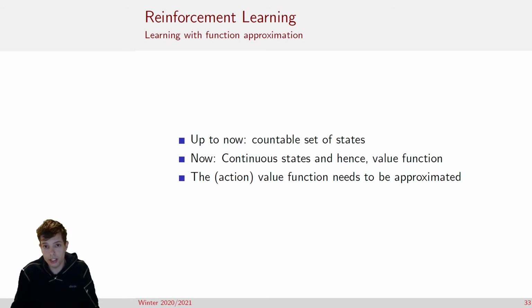We couldn't do that anymore with a discrete state set, and we won't store this in a very large array, but instead we go to continuous methods and we approximate the value function, and maybe the policy, depending on how much time we have.